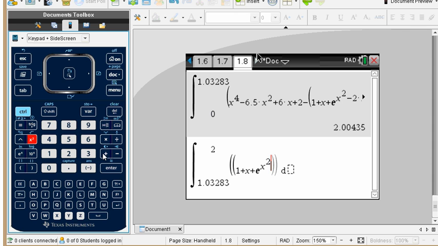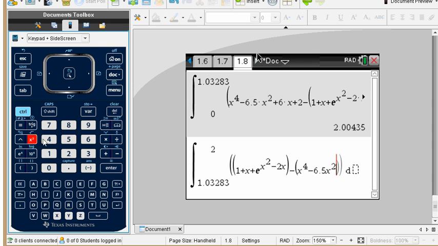So we come here, close the parentheses here, we're going to subtract out, open parentheses, this x to the fourth power minus 6.5 x squared plus 6x plus 2.